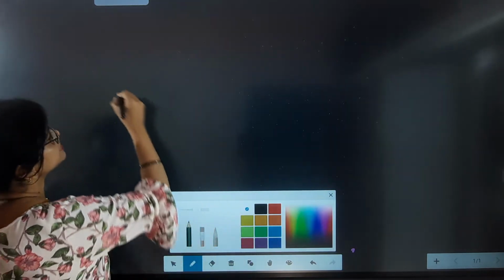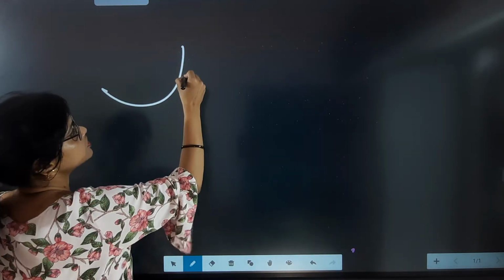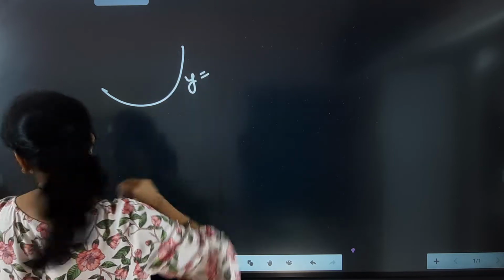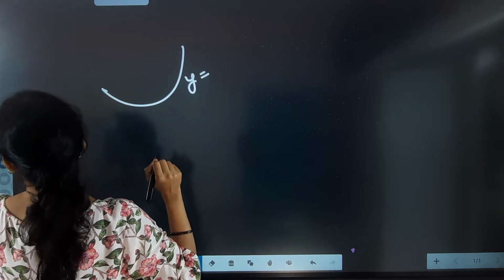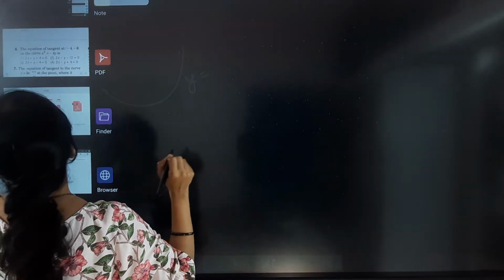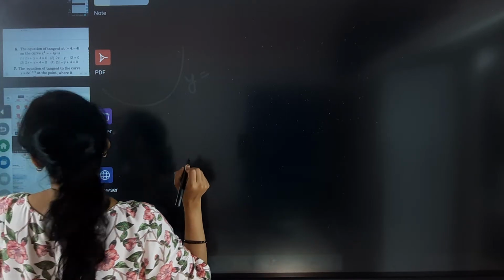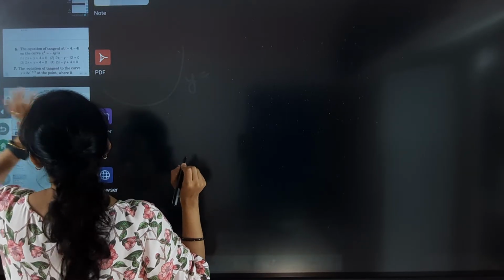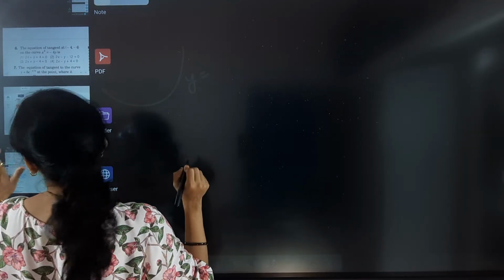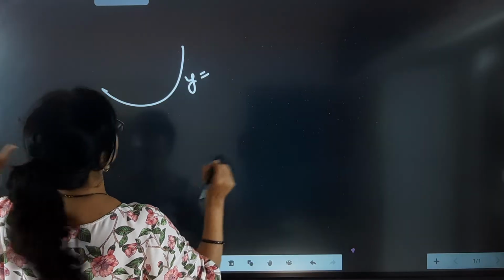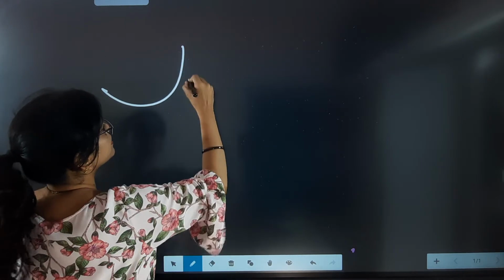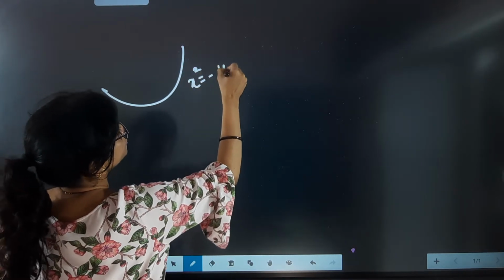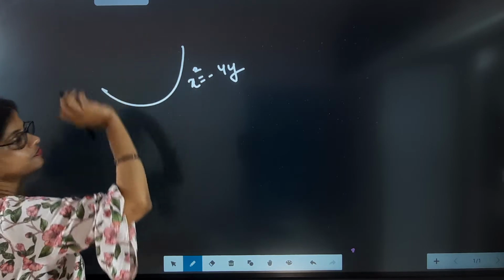So first, what is given to you? The equation of the curve is given as x square equal to minus 4y. x square is equal to minus 4y is the equation of the curve given.